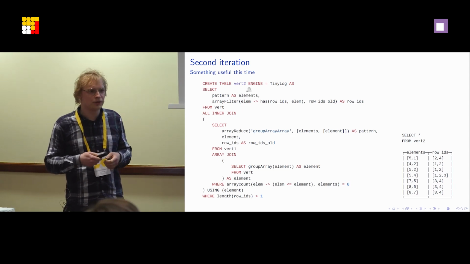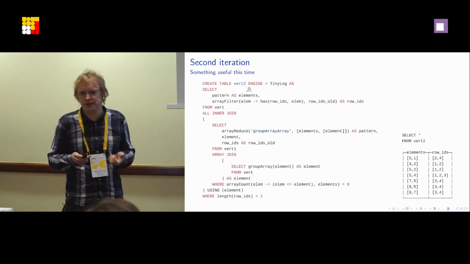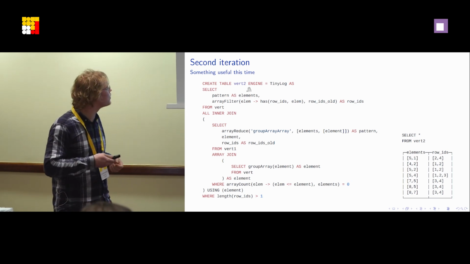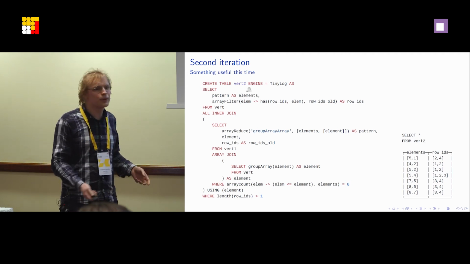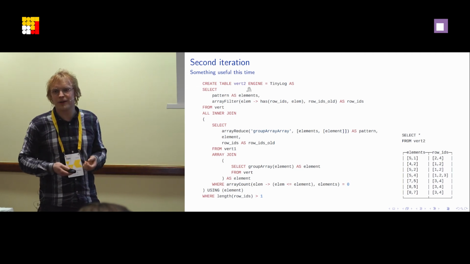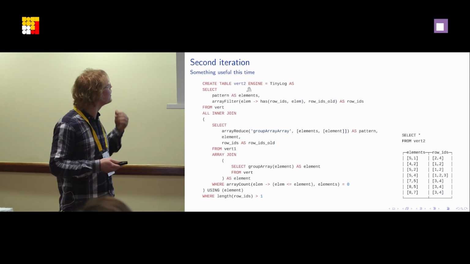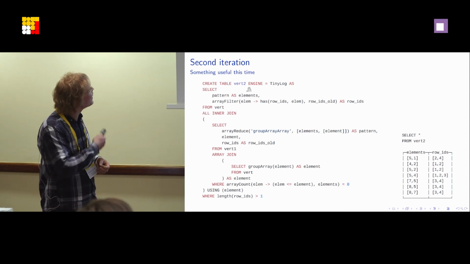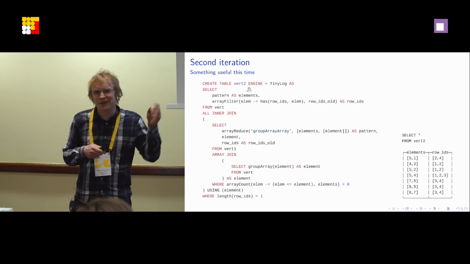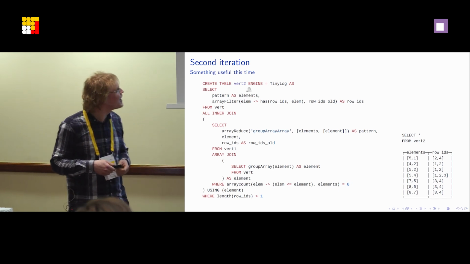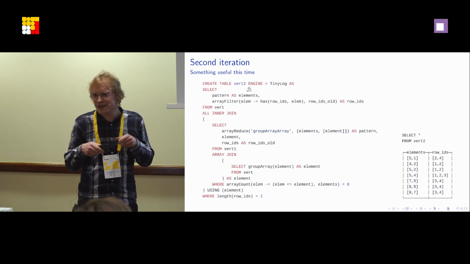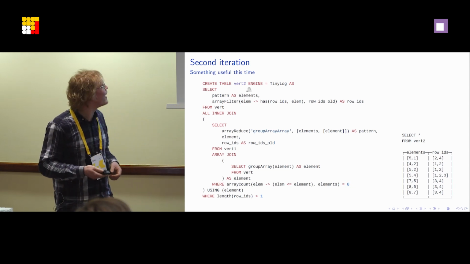Basically, we are trying to do a Cartesian product. With the help of group array, we create an array. With the help of array join, we add this array to all the rows. And with the help of array reduce and a very undocumented, I believe, function of group array, we are cleaning the arrays back and repeating them.